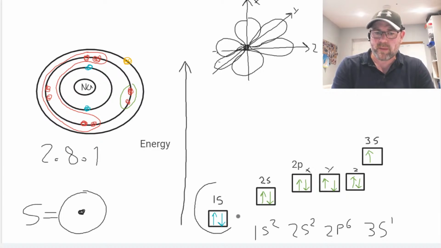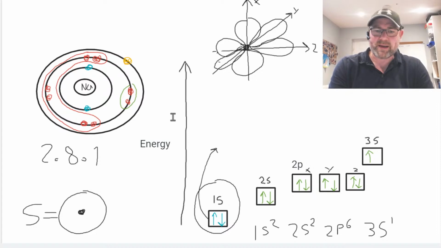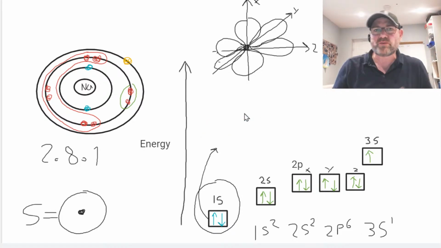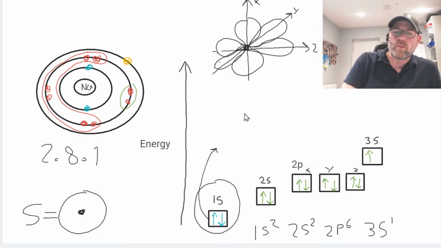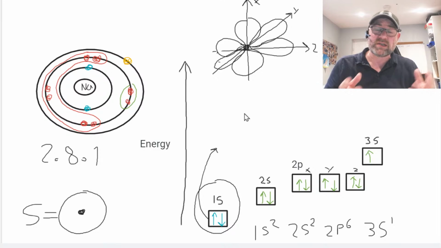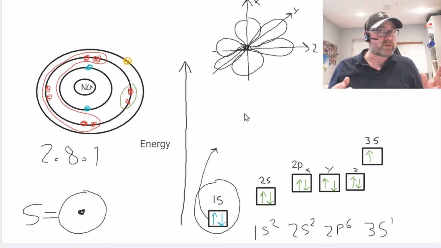Now, on to why we draw an arrow up and an arrow down to represent the electrons. If I circle this box here, you will see I've drawn an arrow up and then an arrow down when I put the second electron in. Well, there was a guy called Pauli with his exclusion principle, and his theory is that the electrons spin in opposite directions, and this minimizes the repulsion between them.